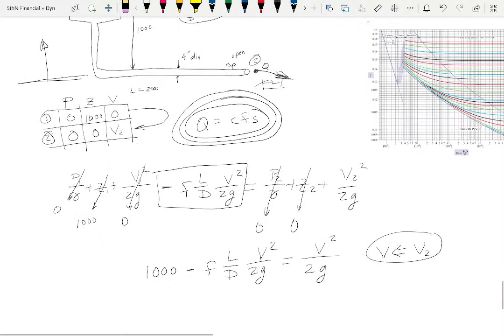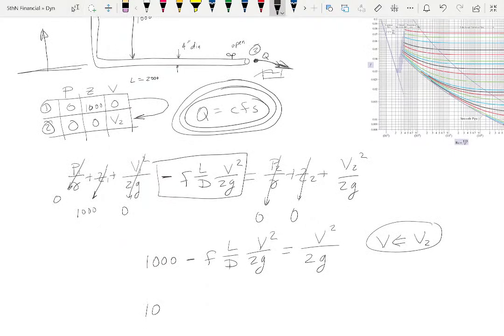Now, we decided that the length of the pipe is 1,000 feet. The diameter of the pipe is 4 inches. So that has to be converted there.